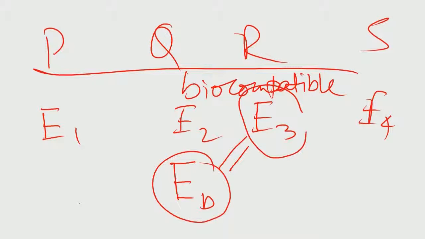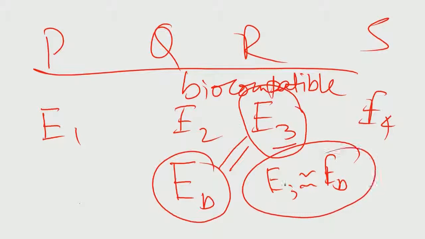For this hypothetical example, if the elastic modulus E3 of material R is very close to EB, the bone elastic modulus, then you have to choose material R, and I should tick it. This is expected for orthopedic applications or bone regeneration applications, which are essentially done for restoration and repair of any bone defects or osteochondral defects.